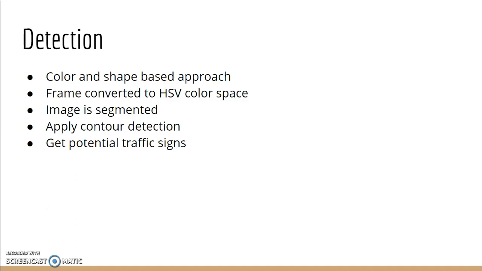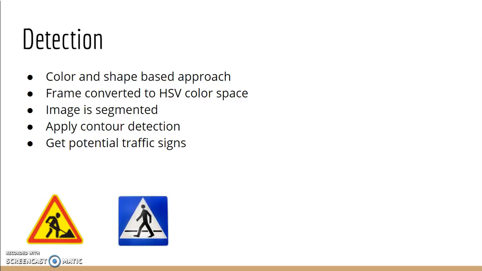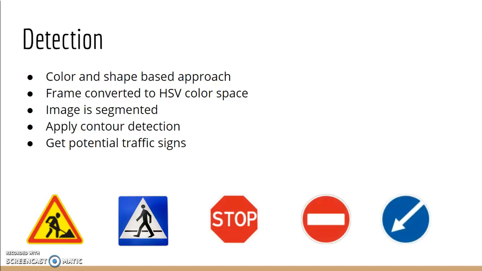The idea was to use the common shapes and colors of traffic signs for the detection. As you can see, we have triangles, squares, hexagons, circles. So we use these shapes to detect the traffic signs.